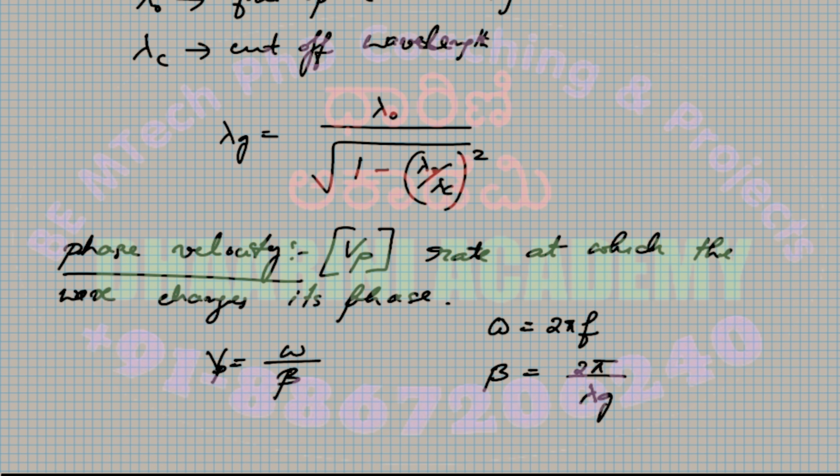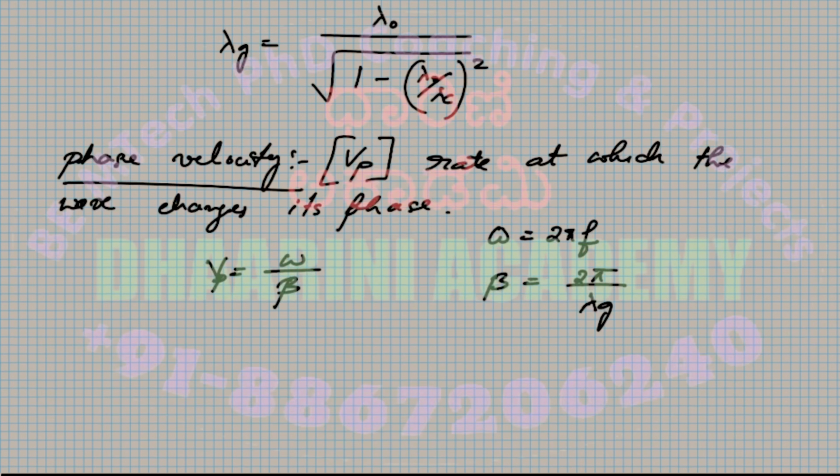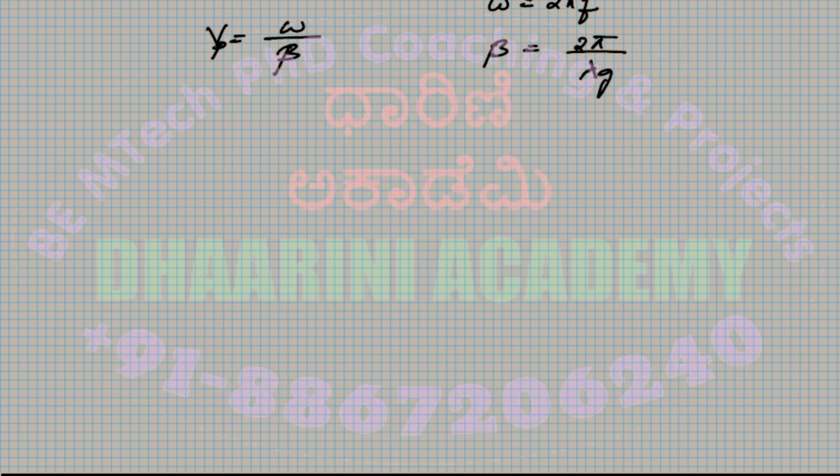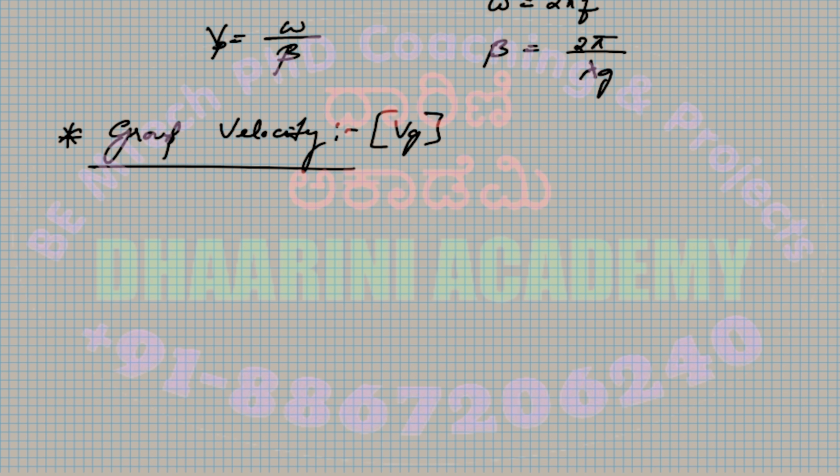All right. With respect to the phase velocity, we have another term coming into the picture. That term is called the group velocity. Let's call the group velocity Vg. If we want to define the group velocity Vg, it is the rate at which the wave propagates through the waveguide. It's actually the normal velocity term itself.